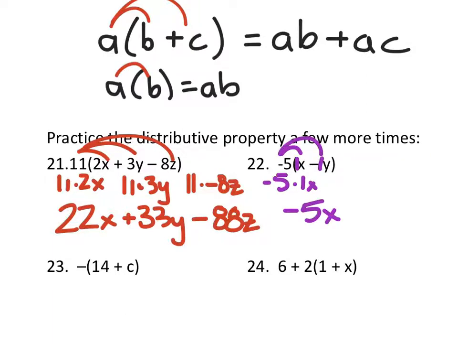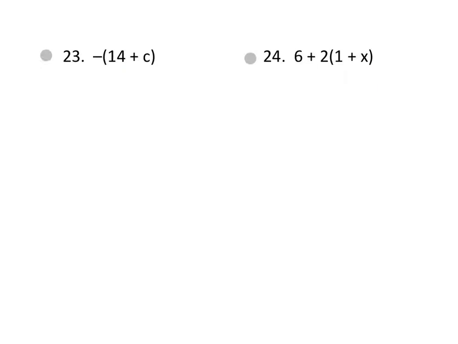But also, negative 5 groups of negative 1y's. Now it's a negative times a negative, which is a positive, so positive 5y's on that, okay? Now, of course, after you've distributed, you should look for any like terms to combine. There just isn't any in these 2 particular expressions.